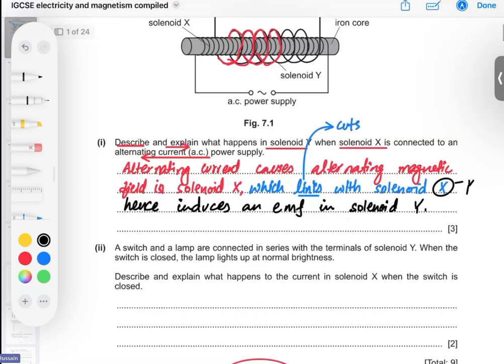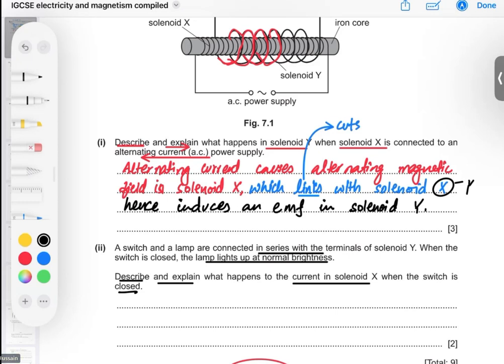A switch and a lamp are connected in series with the terminals of Y. When the switch is closed, the lamp lights up at normal brightness. Describe and explain what happens to the current in solenoid X when the switch is closed.